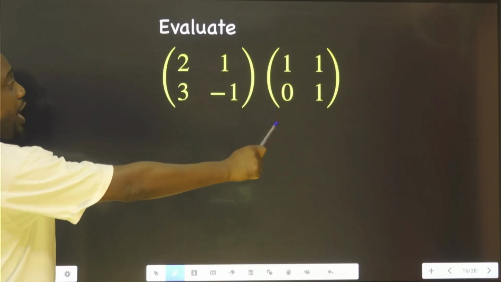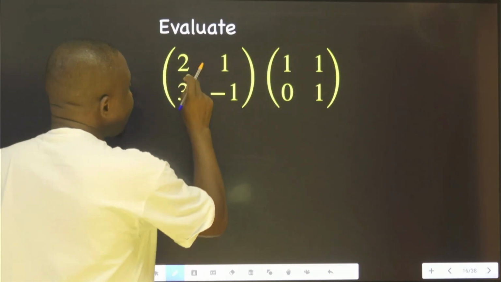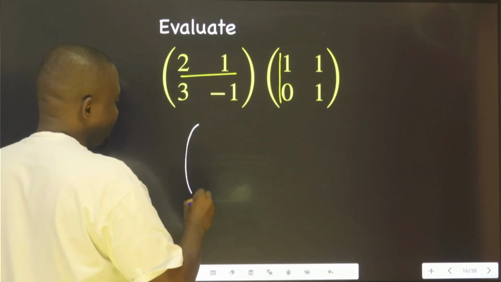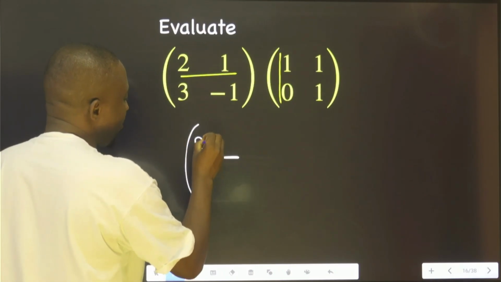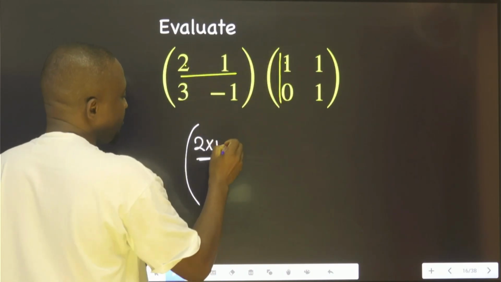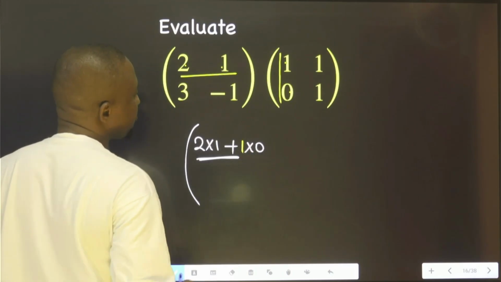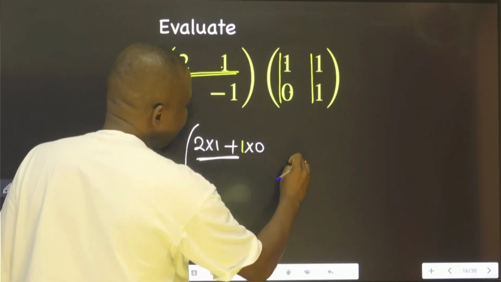We are asked to evaluate this. How do we evaluate this? Is this multiplied by this? That is, to get this first position is 2 multiplied by 1, this and this, plus this and this, 1 multiplied by 0. Then again, this multiplied by this to get here.